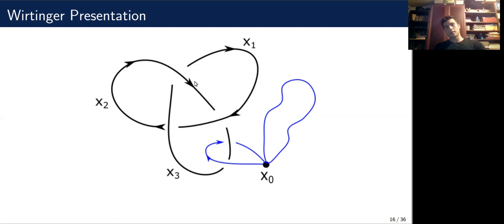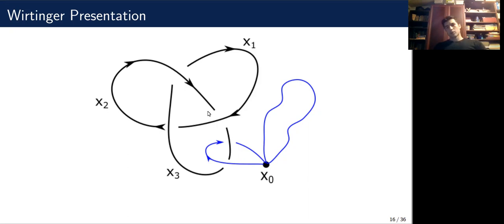And in this case, there are three arcs divided by the 3 crossing points. So there will be 3 non-trivial elements of our group. And any other loop in that space can be expressed as a combination of those 3. Therefore, we call those 3 the generators of our fundamental group.